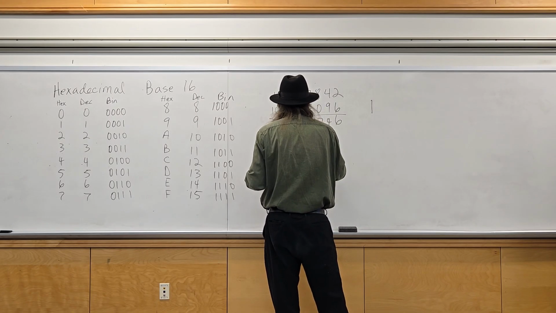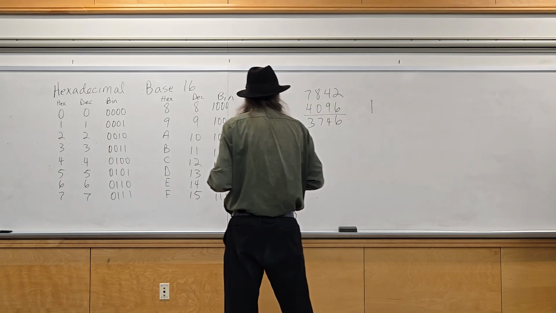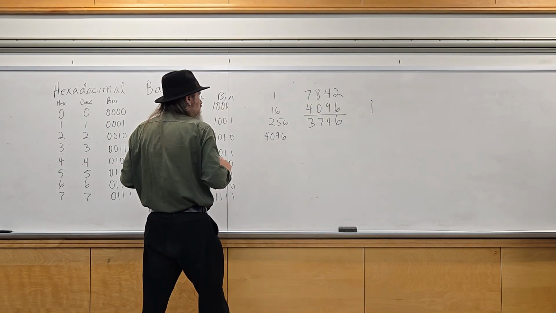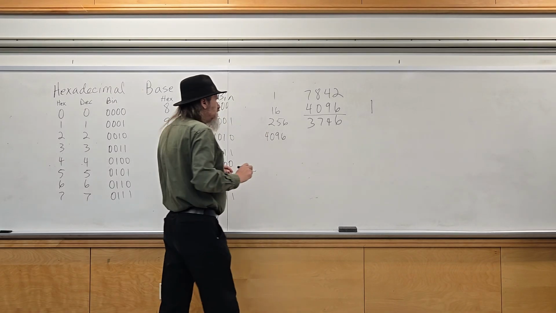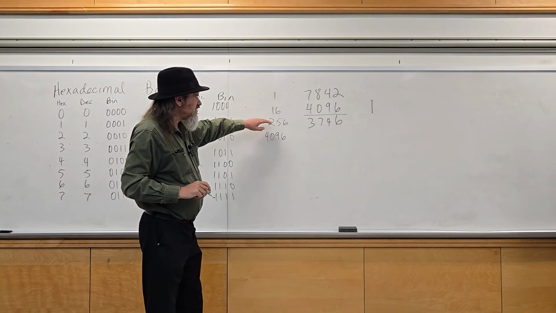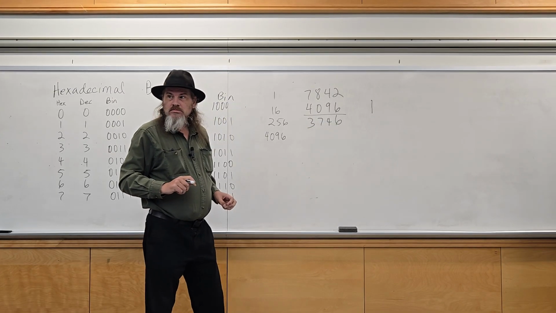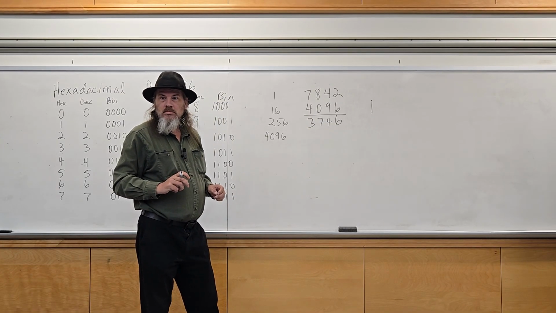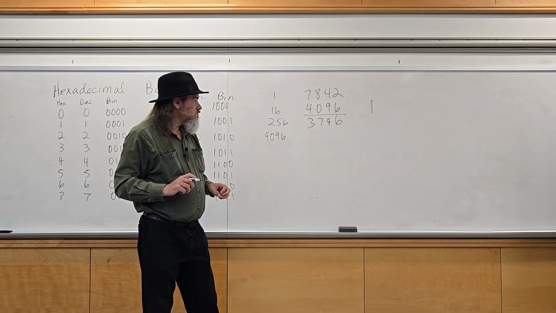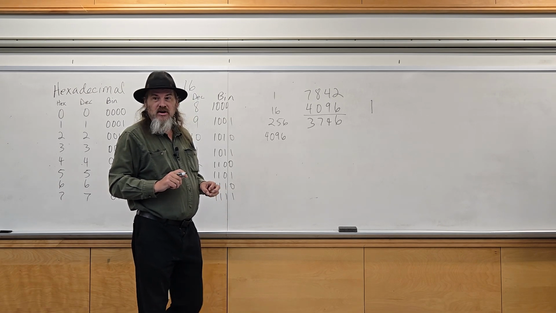And then how many times does 256 go into 3746? Anybody got a calculator handy?